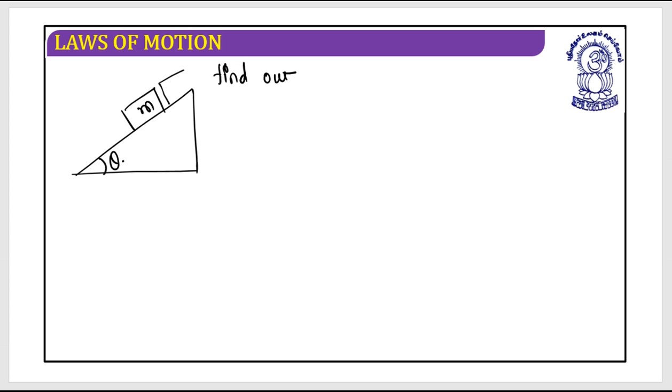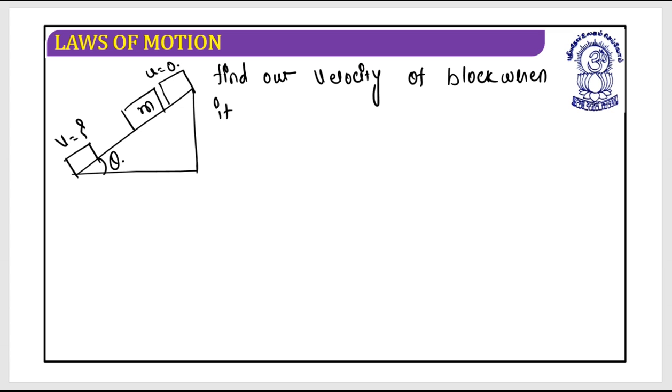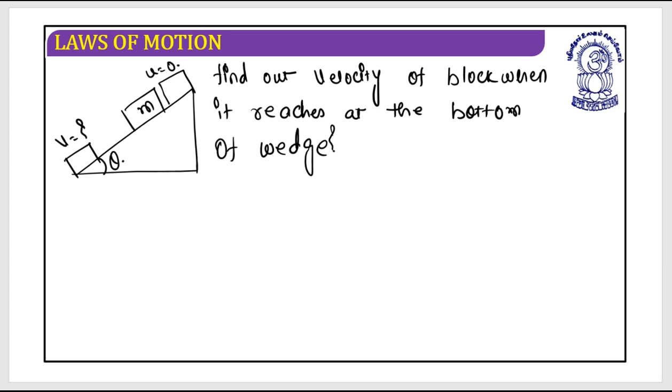Let's say when this block was here, it was initially u equals 0, and this is the final velocity v. So this is required.